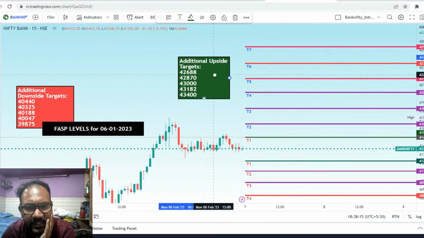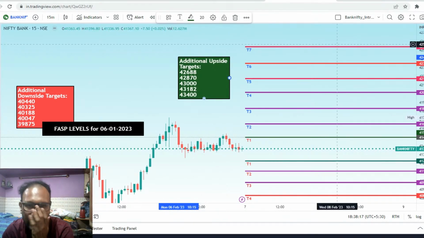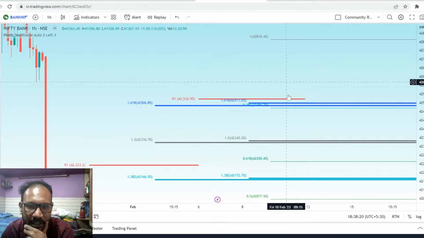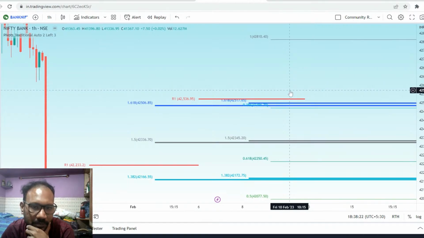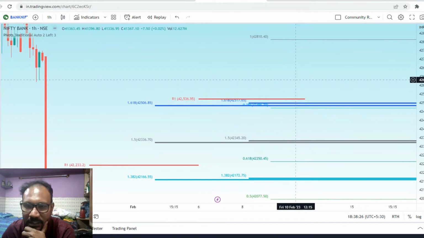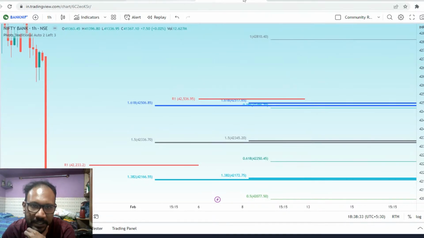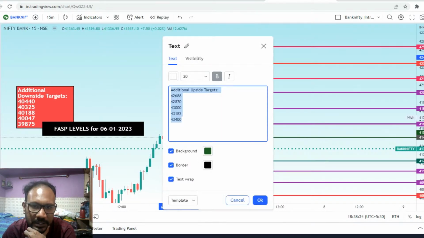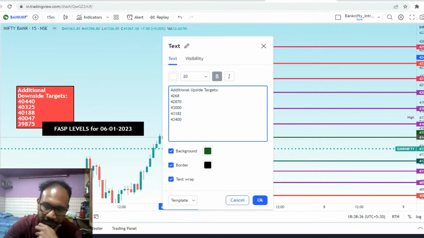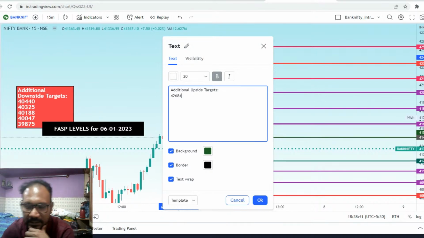Now additional targets. Let's explore how to draw this. Just go further up the chart and see that there is a base of it at 625. Body is at 683. So I like this one, 684. That is 684. I would take it. 42,684 looks good to me. Then targeting the other.